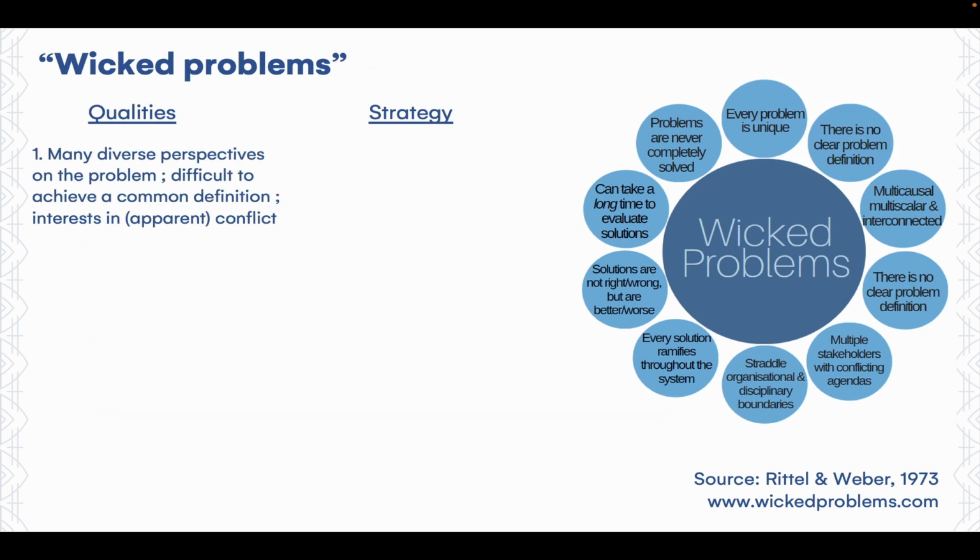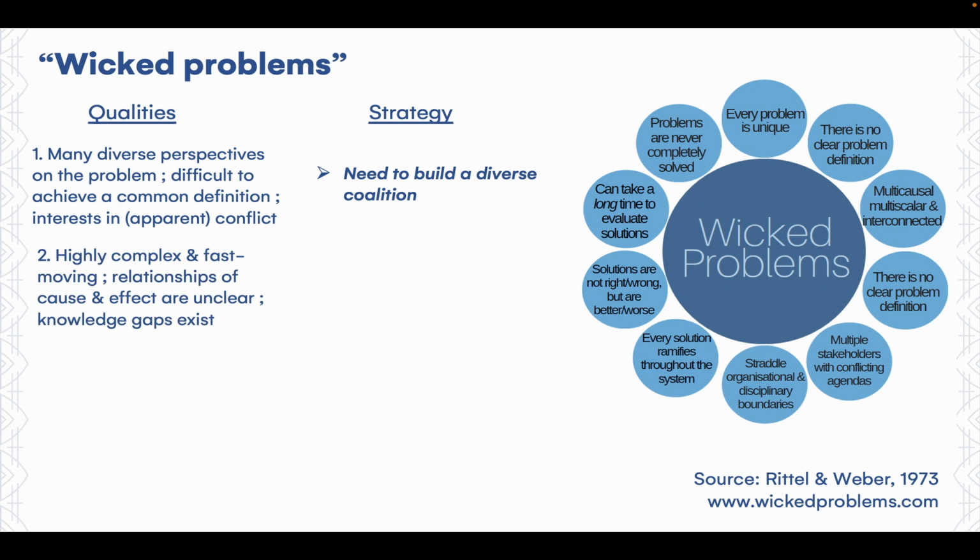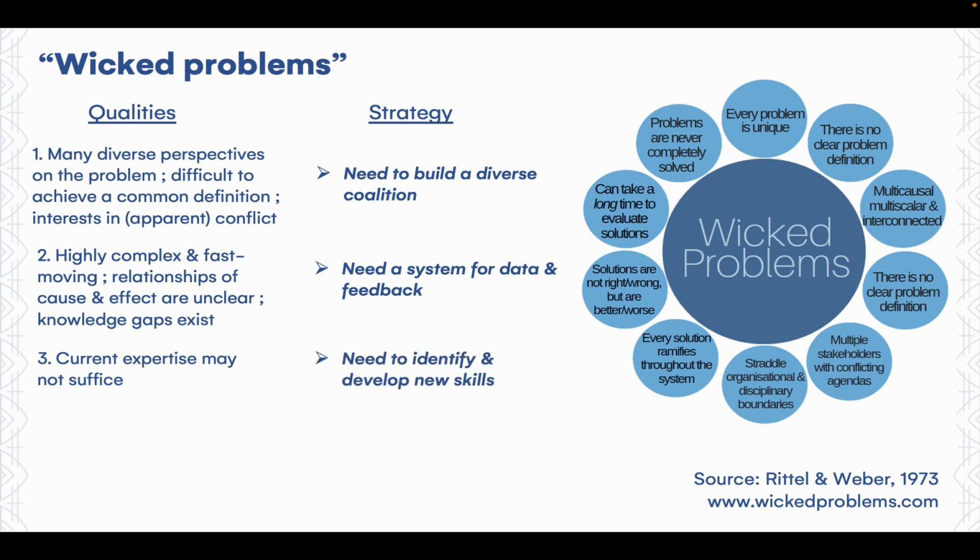Because a wicked problem requires us to understand many diverse perspectives, we need to build a diverse coalition of actors. The fact that it's fast-moving and changes over time means we need a system for feedback on the problem. And because the expertise that exists today may not be sufficient, we need to identify and develop new skills.